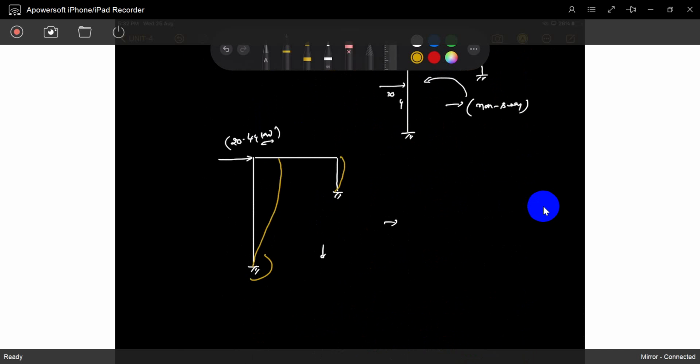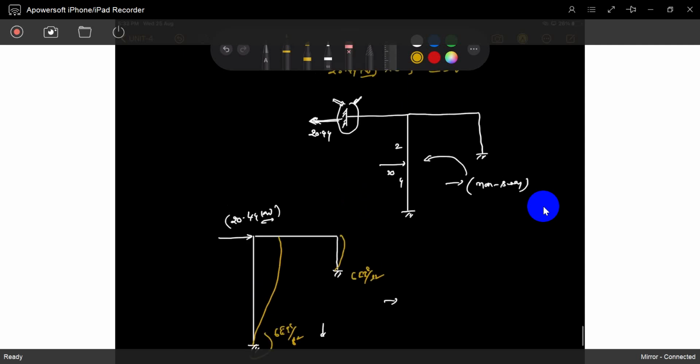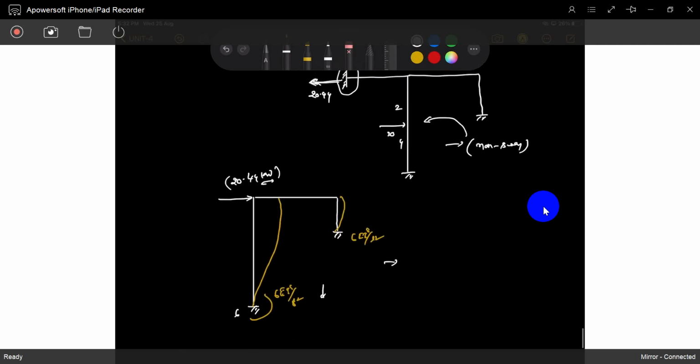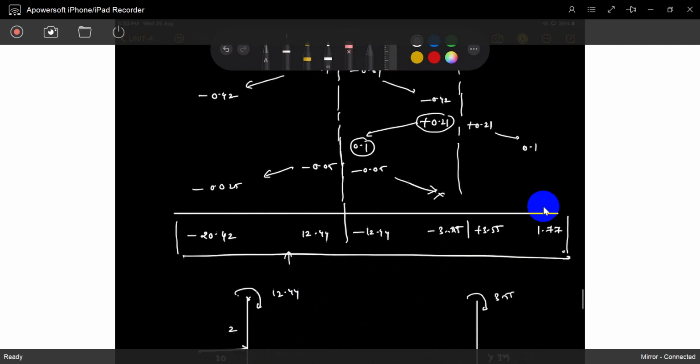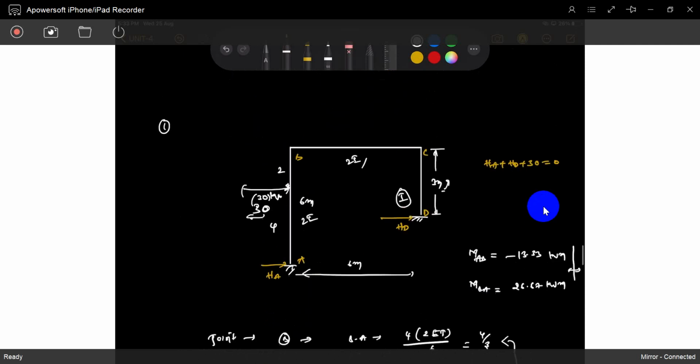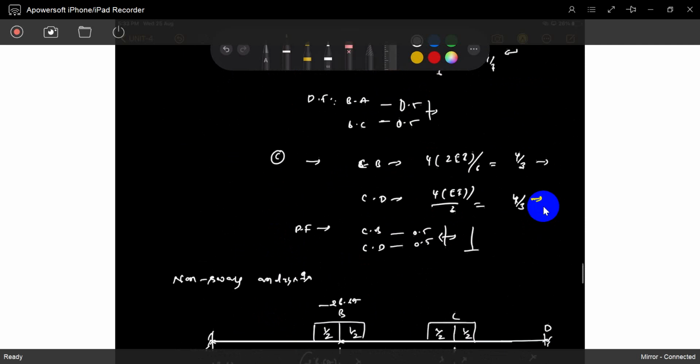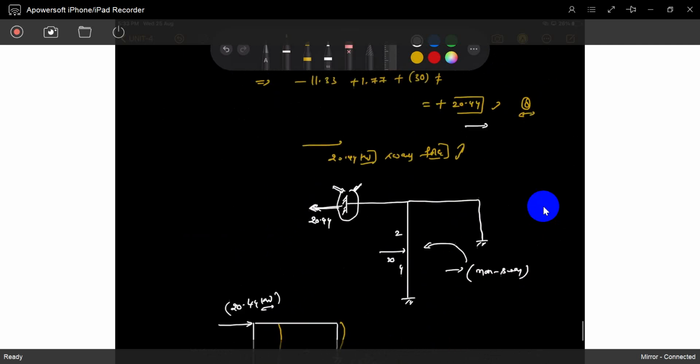So 6 EI delta by L square, 6 EI delta by L square. So what is the length here? This length is 6 and also 2I. Its length is 3 and I. So based on that only you have to write it.